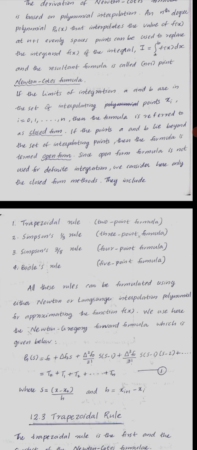Pn of s equal to f naught plus delta f naught s plus delta square f naught by 2 factorial s into s minus 1 plus delta cube f naught by 3 factorial into s minus 1 into s minus 2 plus etc. equal to t naught plus t1 plus t2 plus etc. plus tn, where s equal to x minus x naught by h and h equal to xi plus 1 minus xi.